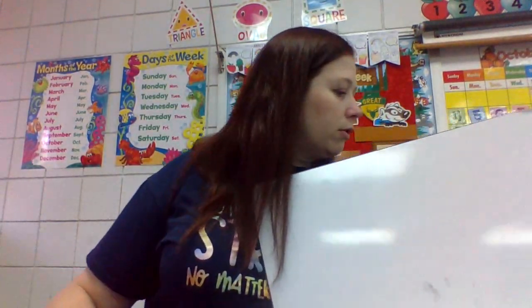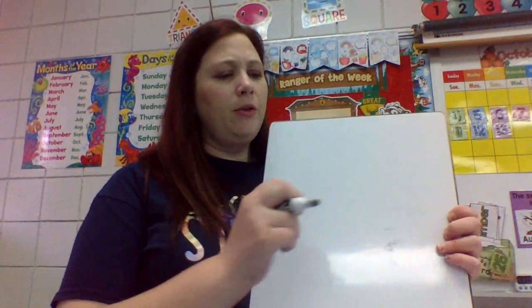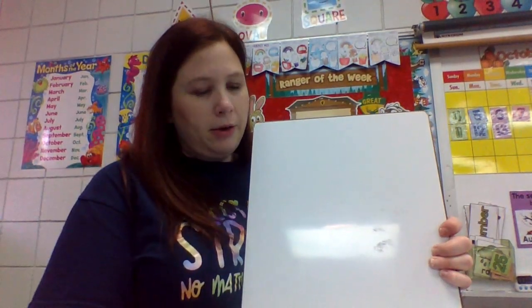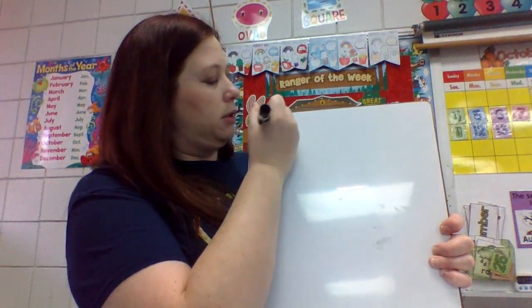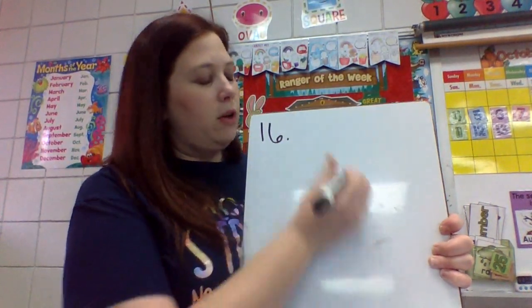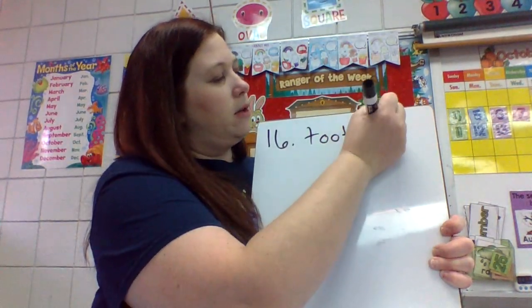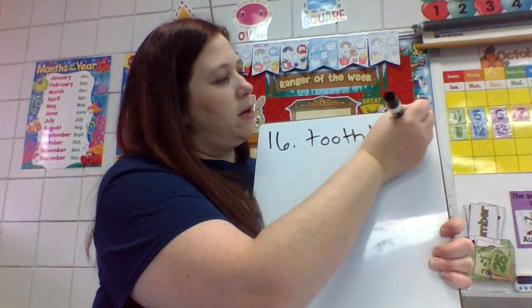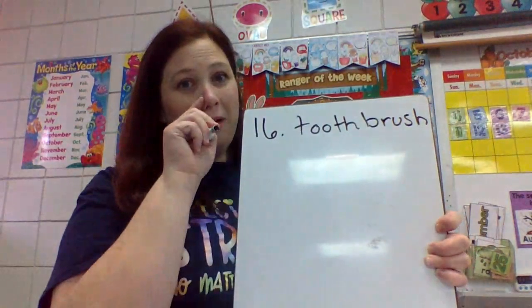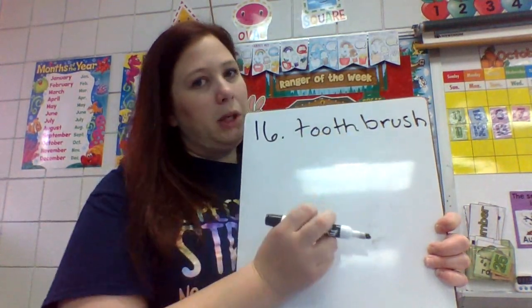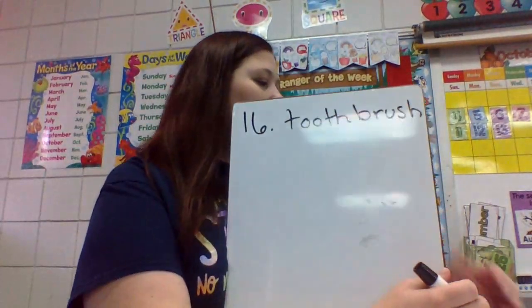All right, next we are going to code our words. Again, I'm going to do the first section. I've come to find when I write really low down here on the board, you can't always see. So let's just do the first section. Toothbrush. It's also really easy, and Miss White already sees herself doing it a little bit, to kind of make a space in between, but you don't need that space because it is all one word.